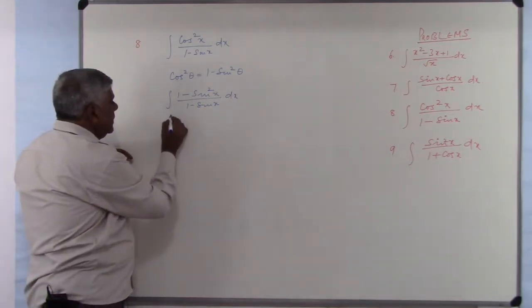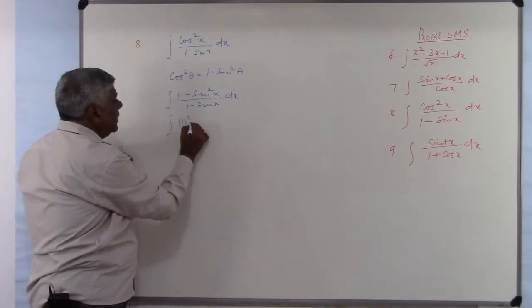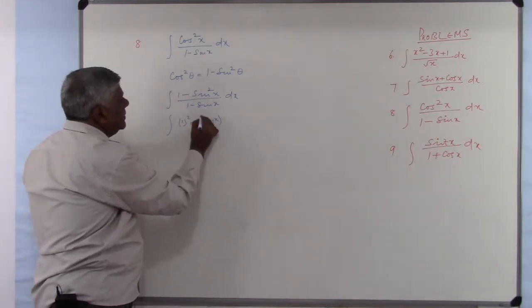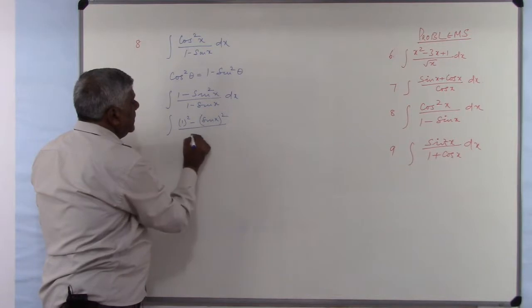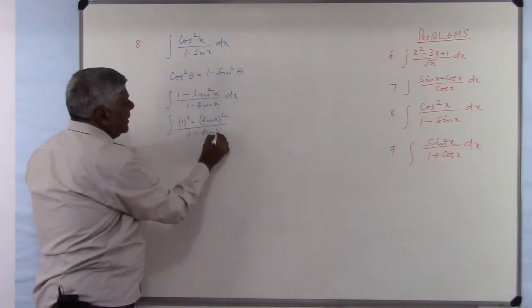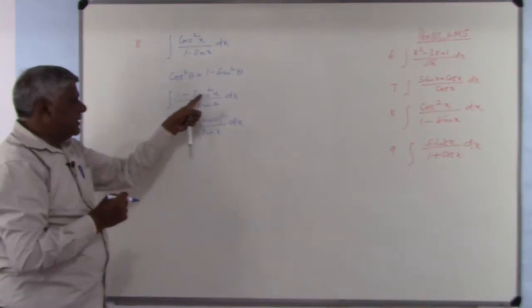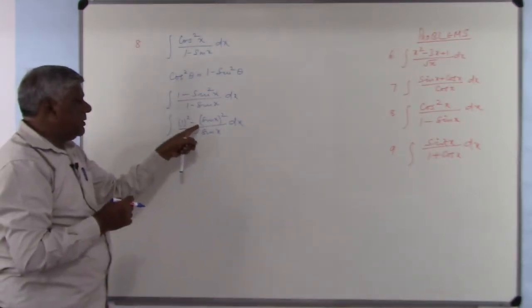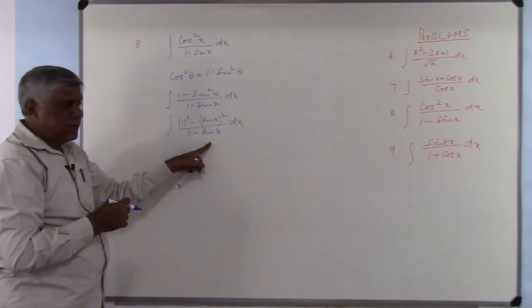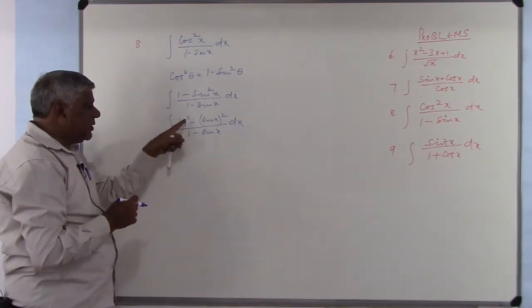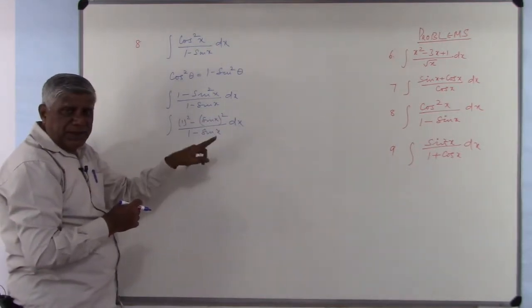Now this is in the form 1 whole square minus sin x whole square divided by 1 minus sin x into dx. This is a square minus b square, a plus b into a minus b.